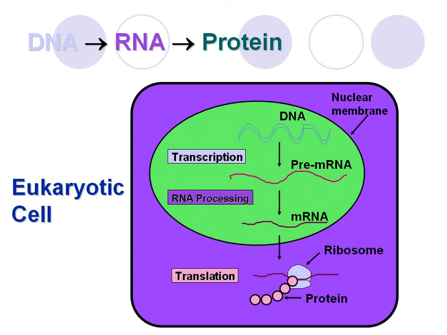We'll go through RNA processing in order to remove those regions in order to produce our functional RNA, messenger RNA, and then finally that messenger RNA will leave the green region, which is our nucleus, and move into the purple area, which is our cytoplasm, where a ribosome will attach in order to produce our protein.